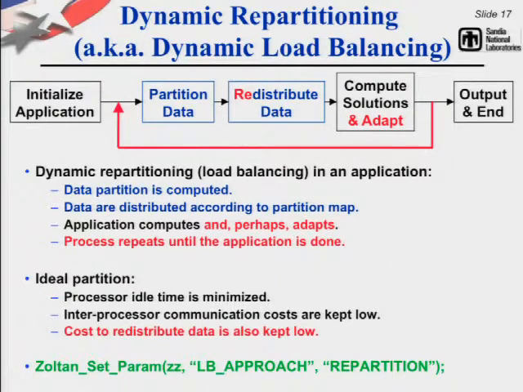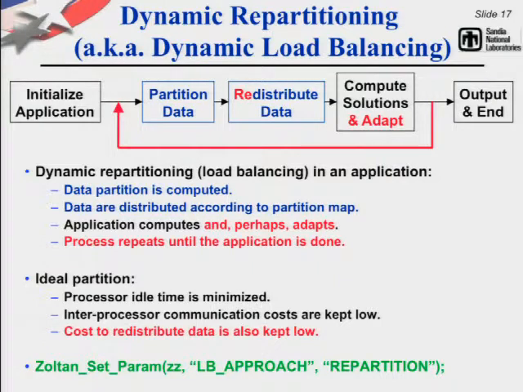And then you notice on the bottom of these slides, I have some code. It's actually real code you can put in your program, but it's one line. It's not the whole example. So we have these parameters in Zoltan to tell what kind of partitioning you want to do. And we have something called LB approach. LB stands for load balancing.